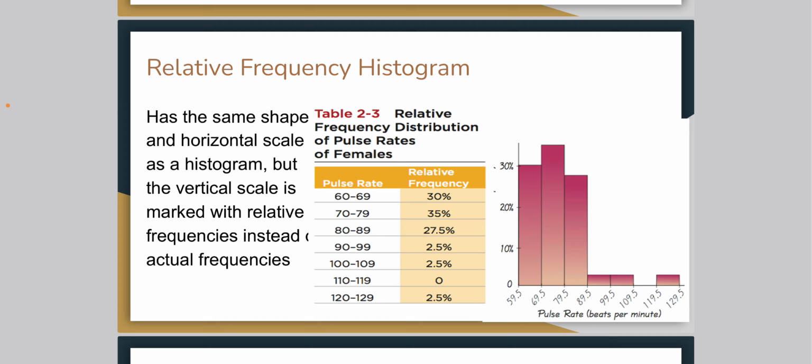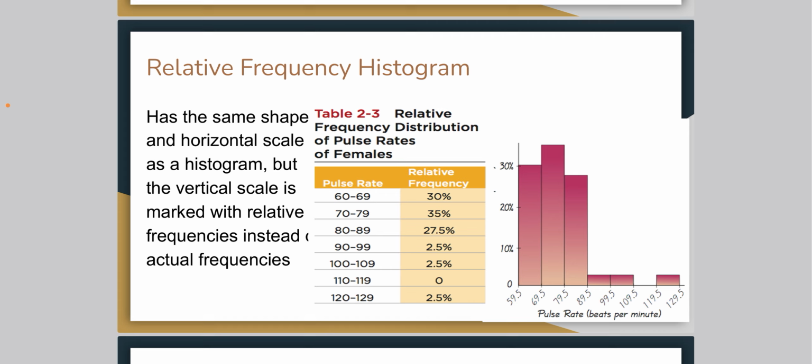Now, if you remember, we talked about relative frequency distributions. You can also have a relative frequency histogram. What's different is that along the vertical axis, instead of the actual numerical frequency, you have the percents, so it goes along with a relative frequency distribution. The horizontal axis is the same, your class boundaries are the same, and the way it looks is the same.